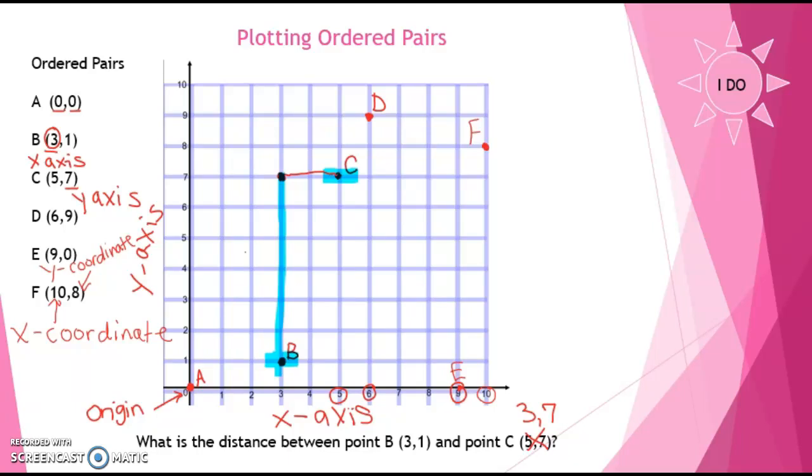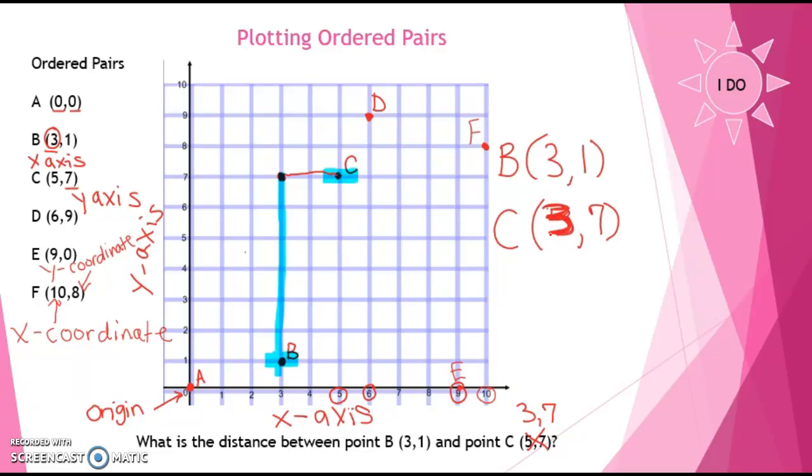So, point B is 3, 1, and point C is now 3, 7. I changed it. It's a terrible looking 3.